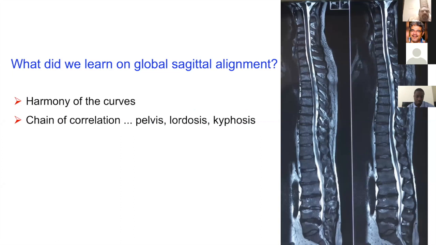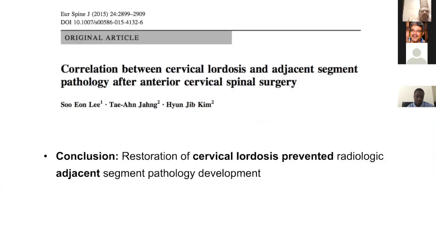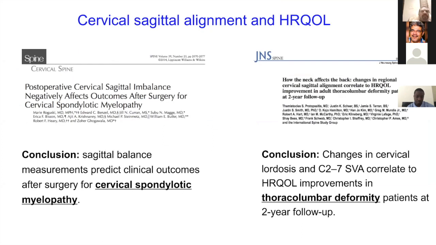And this is very important in order to protect against the development of adjacent segment pathology and at the same time to provide the best chance for a favorable clinical outcome in both cervical or thoracolumbar deformity.